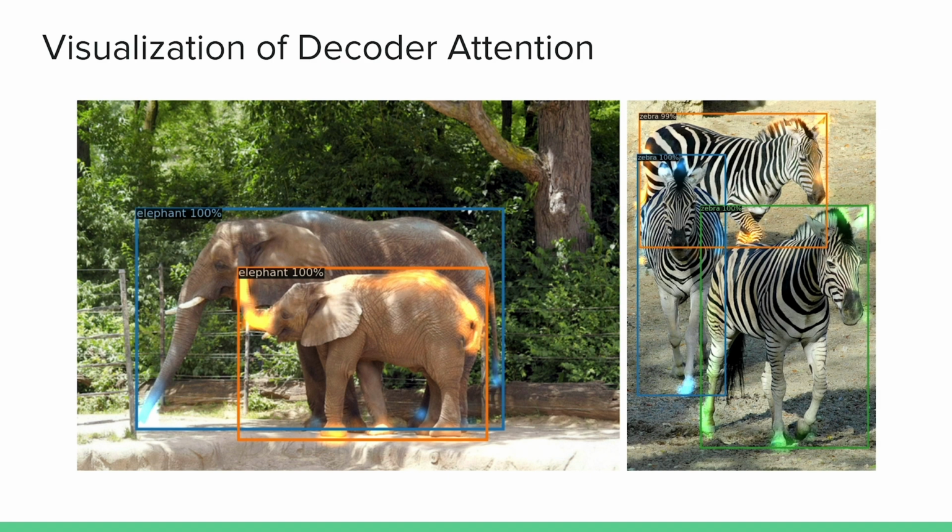When you visualize the decoder attention, you actually understand that this model of doing object detection with transformers is really powerful, in that it really understands the input image in a really nice way. For example, for these images where you have occlusion in your input, you can see where the network looks.